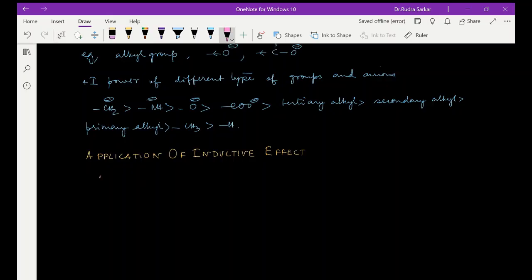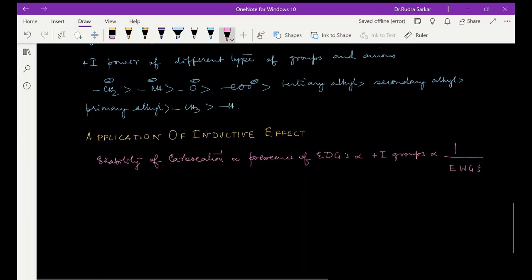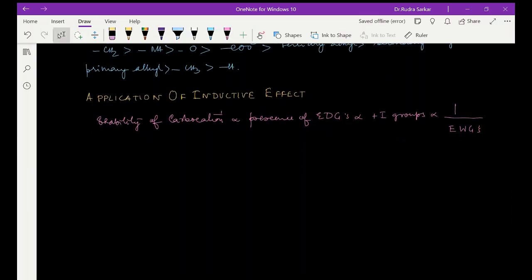Straight away it can be used for predicting the stability of a carbocation, wherein we will say stability of the carbocation will increase or is directly proportional to the presence of electron donating groups, directly proportional to the plus I groups, and inversely proportional to electron withdrawing groups. Okay, or minus I groups.